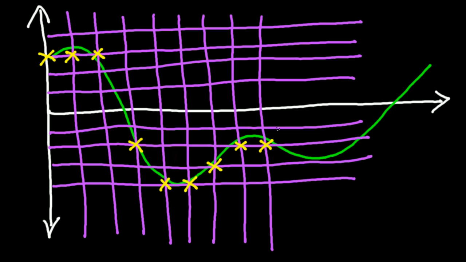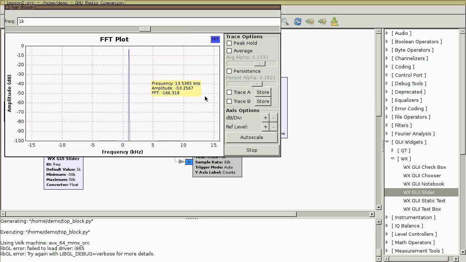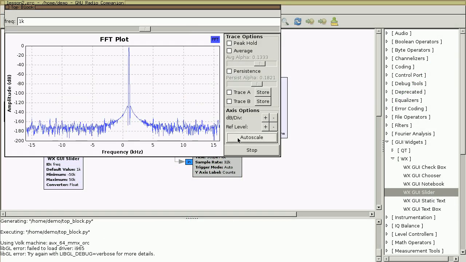So if we look back at our flow graph, click the auto scale button and look at all this noise down here, if we were to represent this as a different data type, we should see that this noise floor is a lot higher.